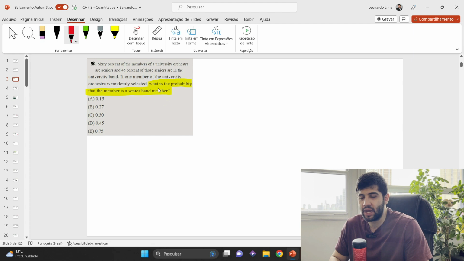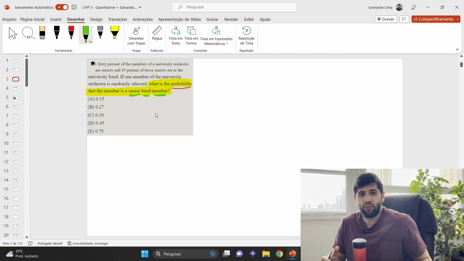In this case, we have "what's the probability," so we already know the type of question that we are going to face: that the person is a senior band member. So we have the whole type of characteristic that we are going to look for.